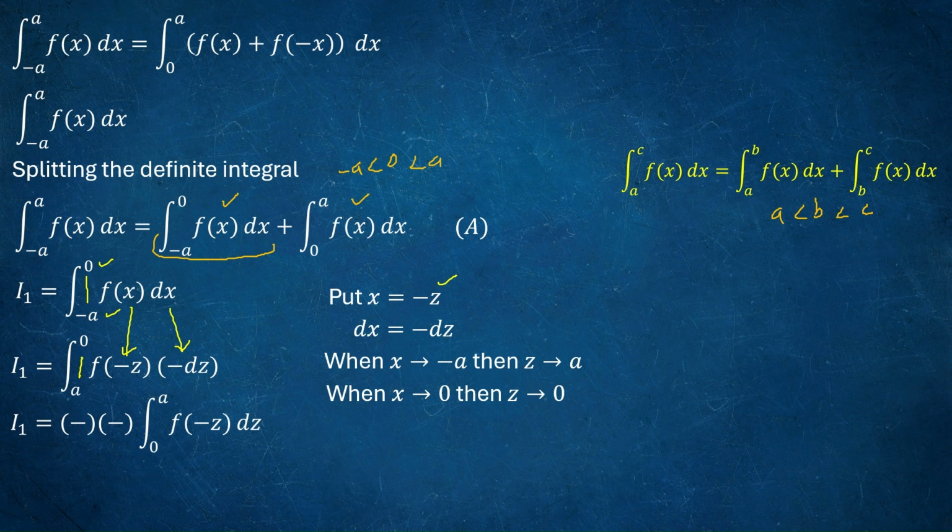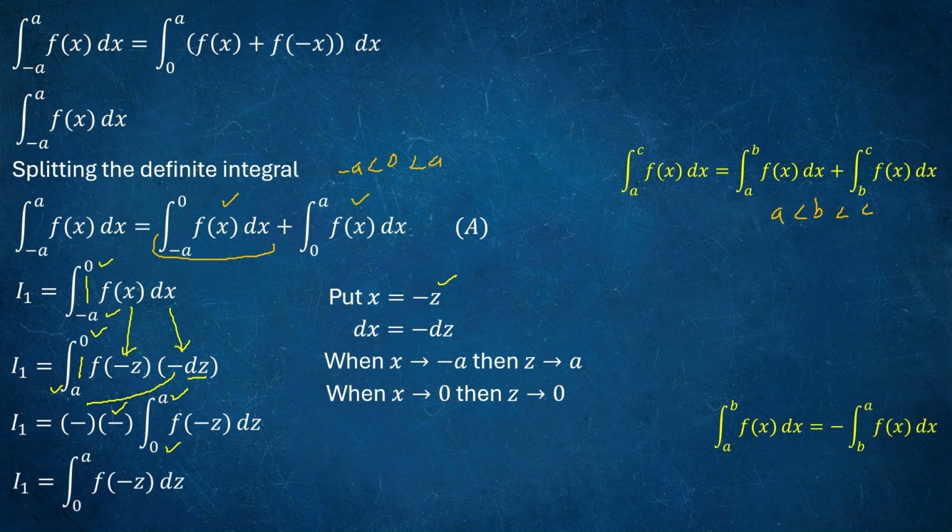The negative sign with the dz has been taken out, and we have interchanged the limits of a definite integral. Doing this, the sign of the definite integral is changed using this property. Now I1 can be written as 0 to a f of minus z dz.